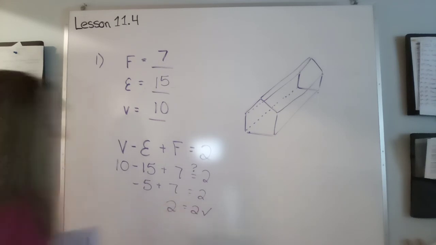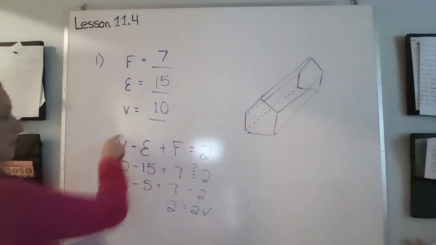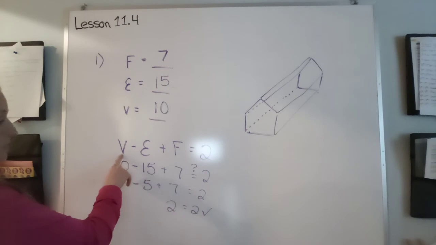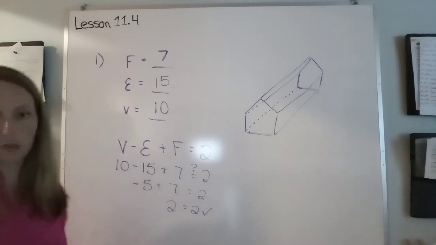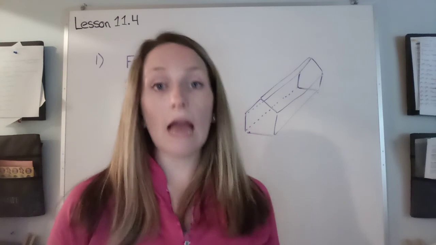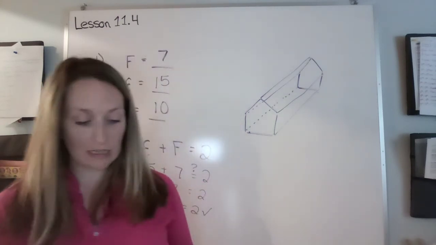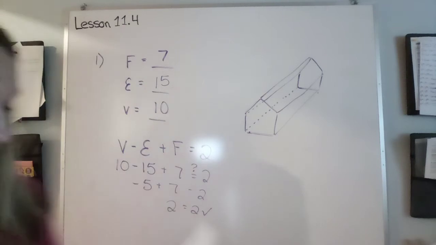So it works. If you're asked to verify Euler's formula, you substitute in the vertices, the edges, and the faces, and make sure that it works, okay? If it doesn't work, go back and double check that you counted the edges, the vertices, and the faces correctly, okay? All right.